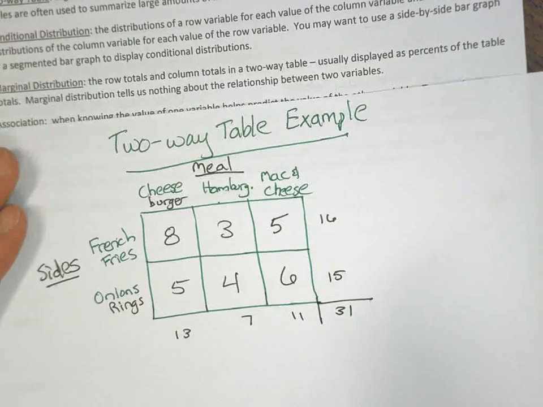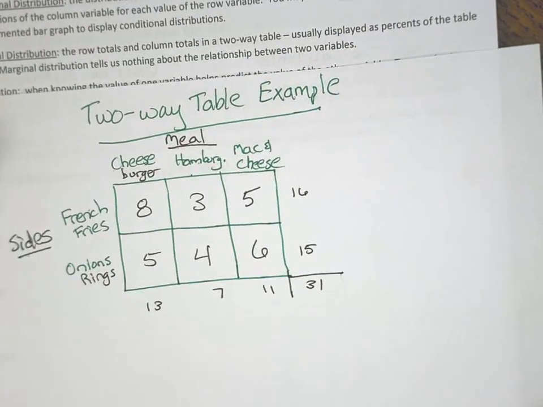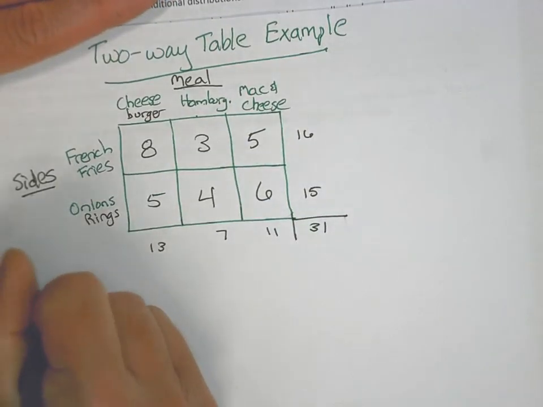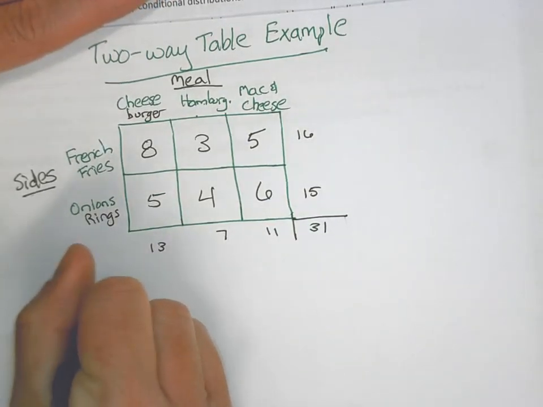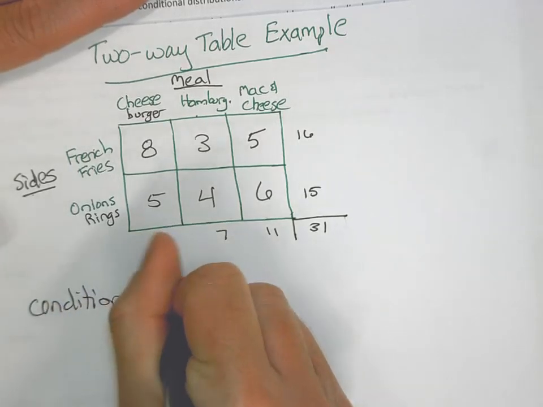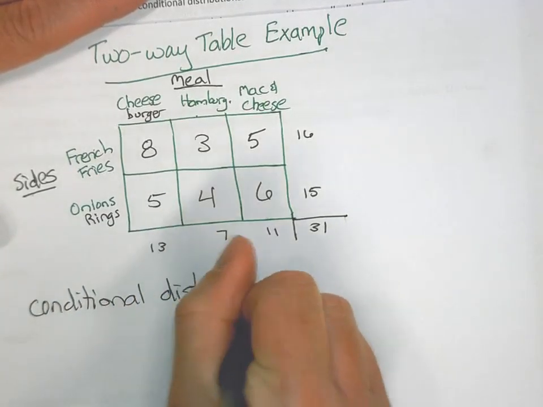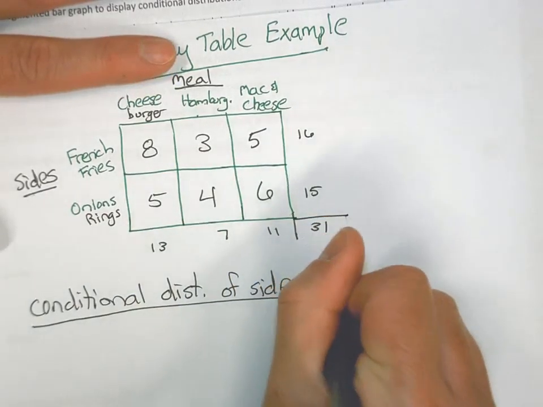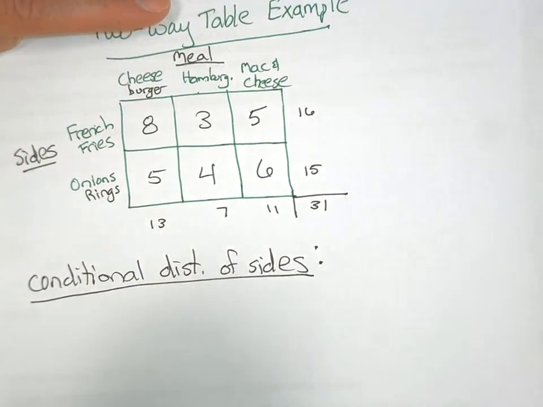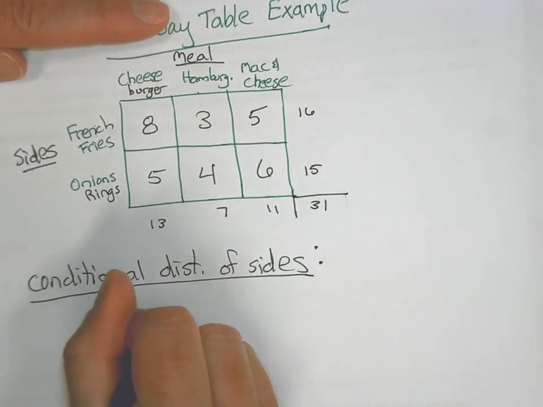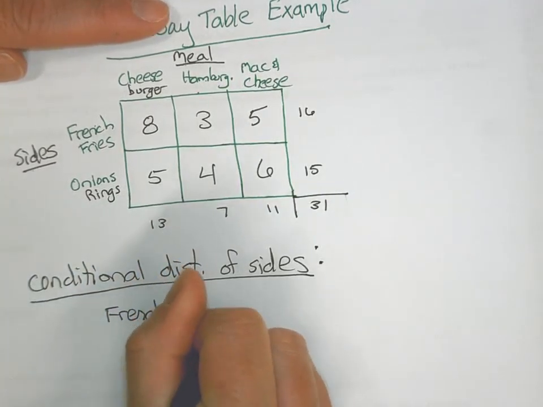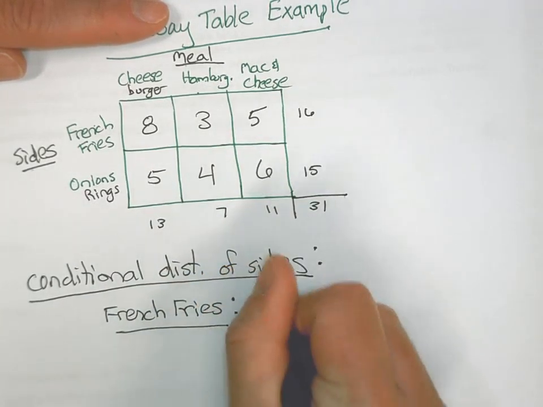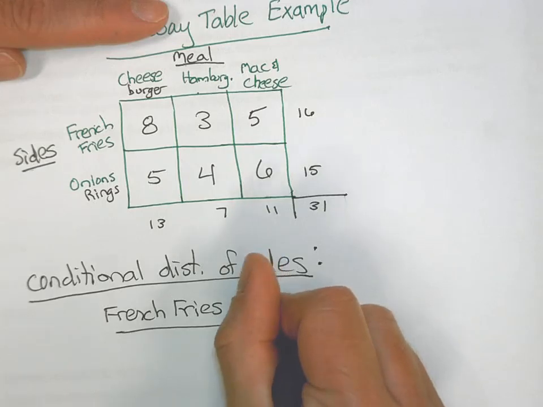You only add the row going across on the bottom or the column going down. Don't double it. So, conditional distribution, if we wanted conditional distribution of the sides. This is kind of the annoying part. I could look at French fries. That's my category for my French fries. But then I would have cheeseburger. I'll call that one CB.